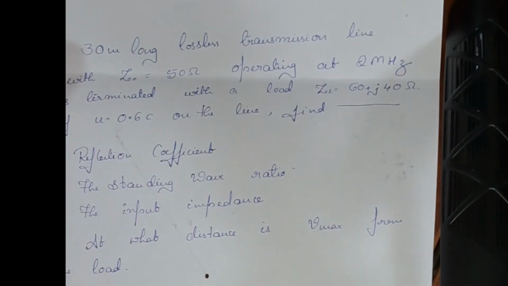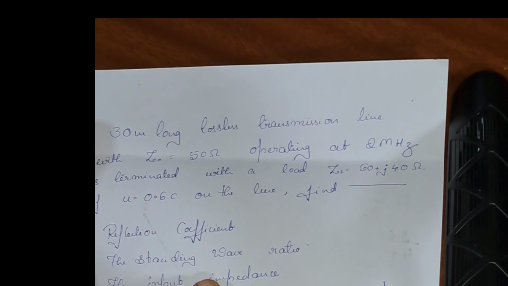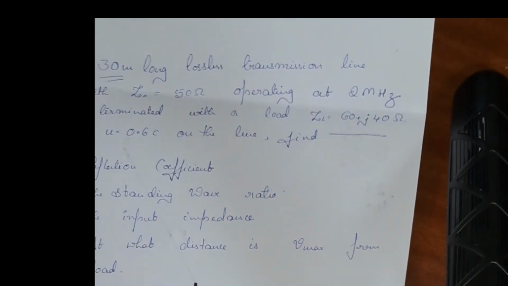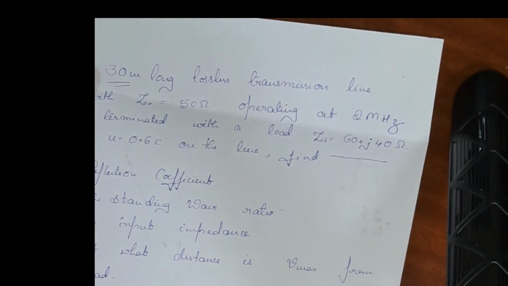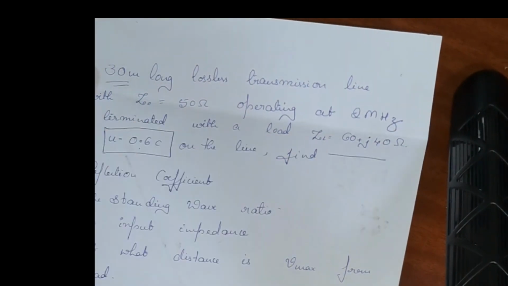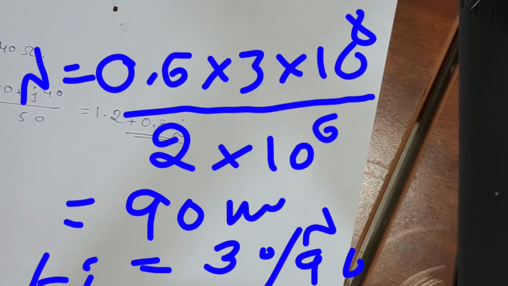The question is: reflection coefficient done, standing wave ratio done, now the input impedance. To write the input impedance, you should know what distance you should travel, right? They have given the length of the transmission line in meters, but usually we write it in terms of wavelength. So first let us find the wavelength using this data. u equal to 0.6 c they have given.